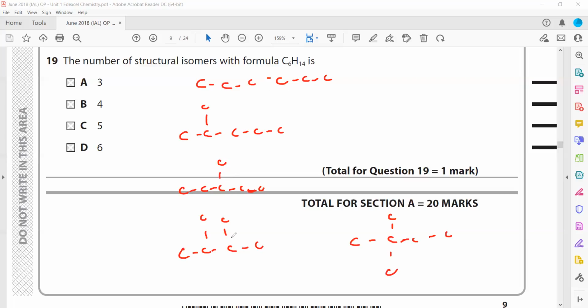So 1, 2, 3, 4, 5. And then 1, 2, 3. When I try to draw any other structure, like making a 3, it does not make a difference, it will be the same. So how many possible isomers are there? It contains 5 possible structural isomers.